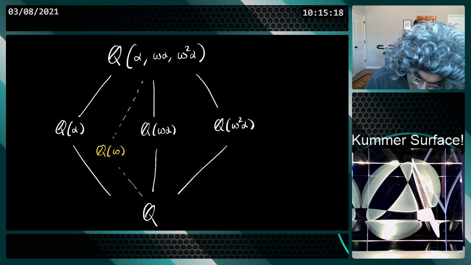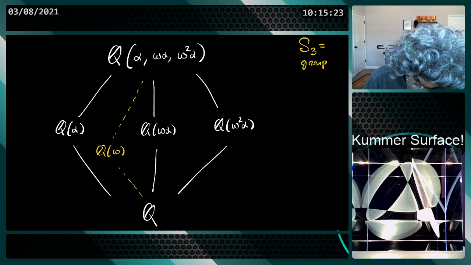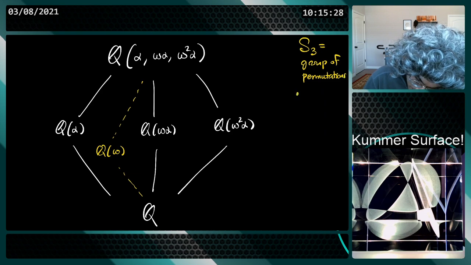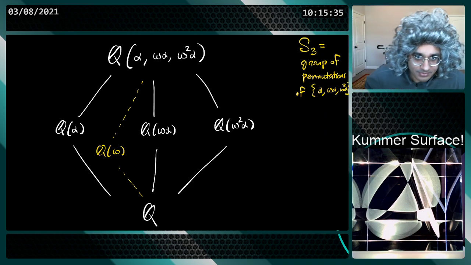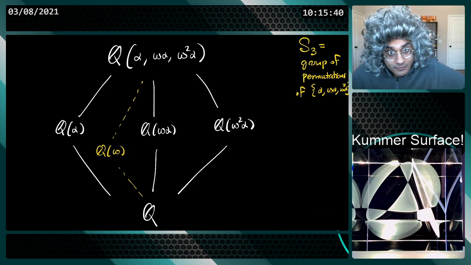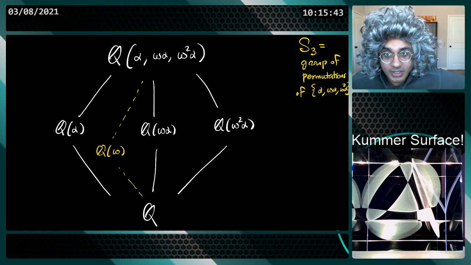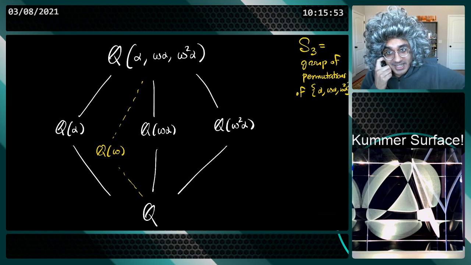Okay, so we have S3. Now, S3 acts as a group of field automorphisms of the large field. The size of S3 is 6. The degree of the large field over Q is also 6.